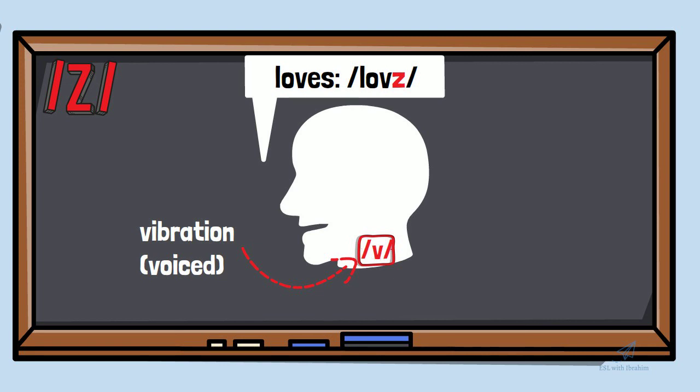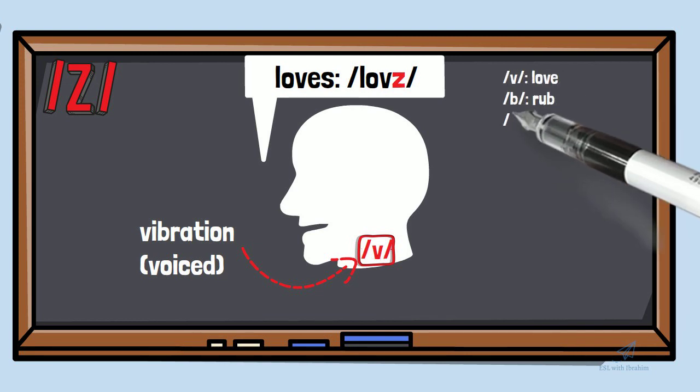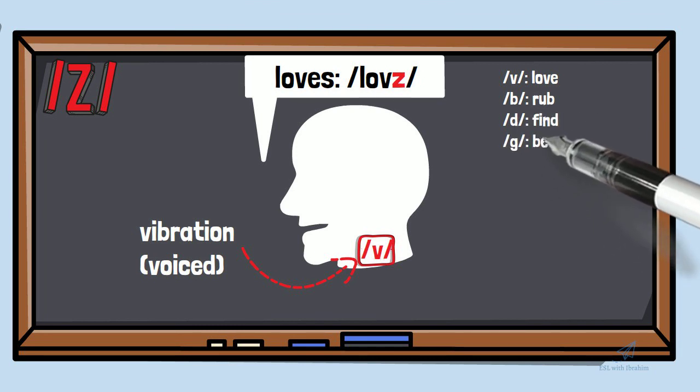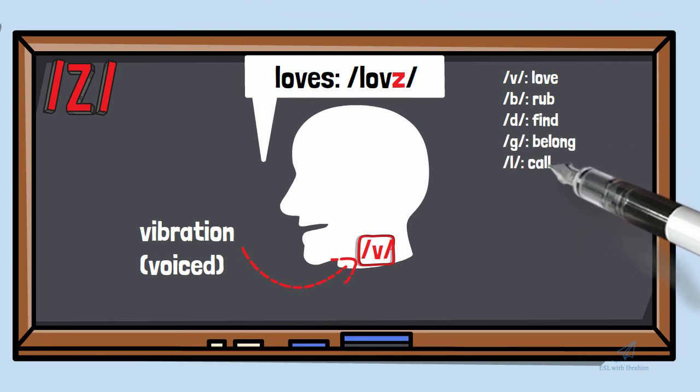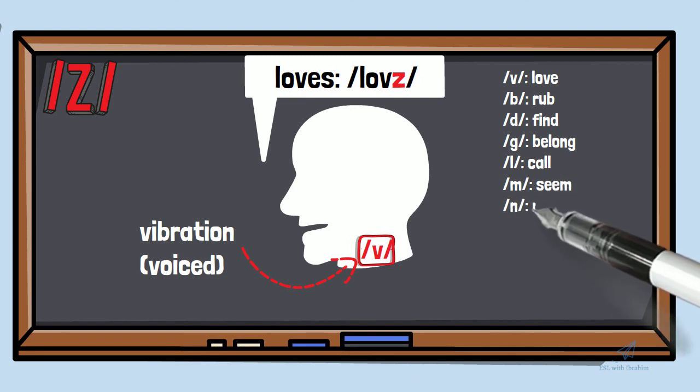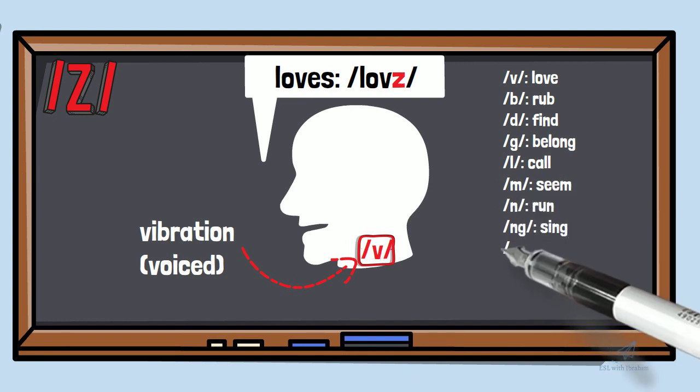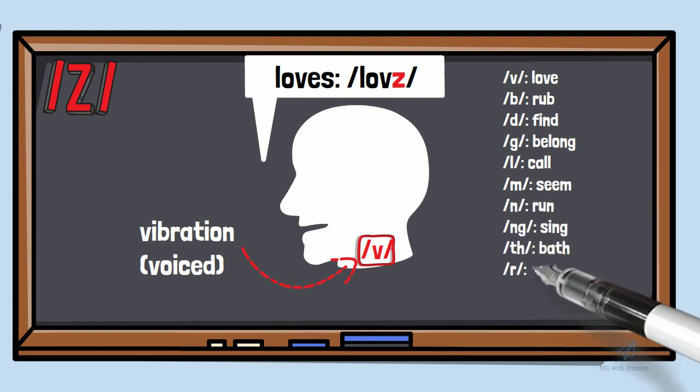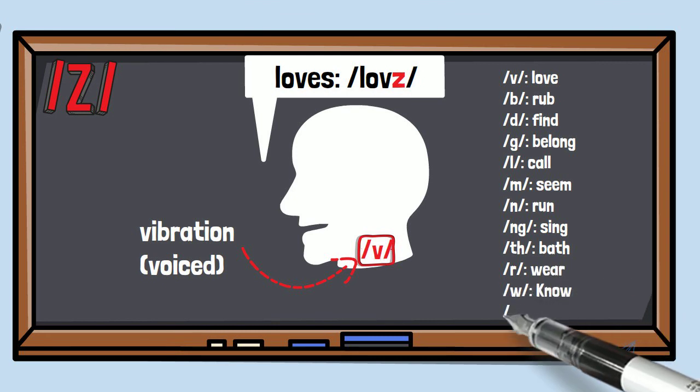Now let me give you the list of the other voiced sounds. You already know the first one, /v/. The others are /b/, /d/, /g/, /l/, /m/, /n/, /ng/, /th/, /r/, /w/, and /y/. Let's practice. Love, loves. Rub, rubs.